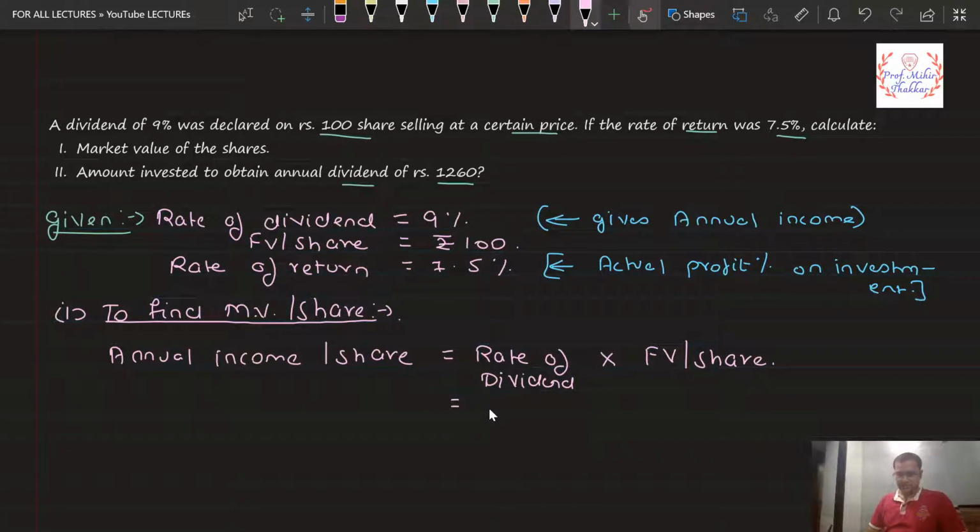Remember guys, the income or the dividend is always calculated on the face value because we are talking about the annual income. So when I apply the dividend to the face value, I get 9 upon 100 into 100, that is rupees 9.